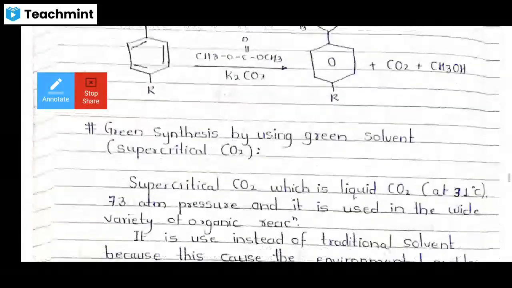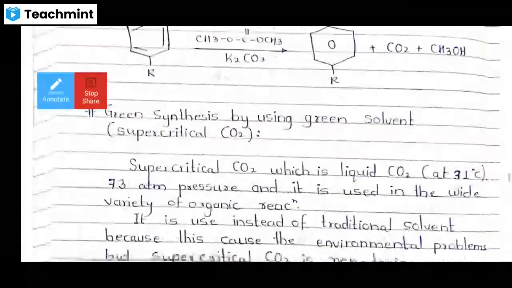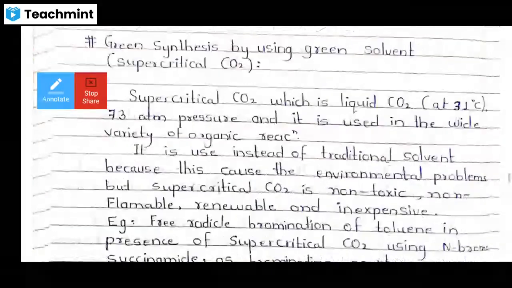Next is green synthesis by using green solvent. Solvent is also an important part. In chemical reactions, maximum expenditure is involved in the solvent also. Okay, solvent is one of the important ingredients in the reactions.